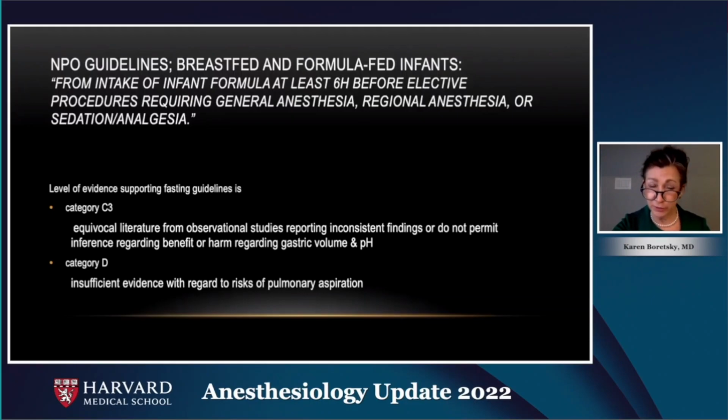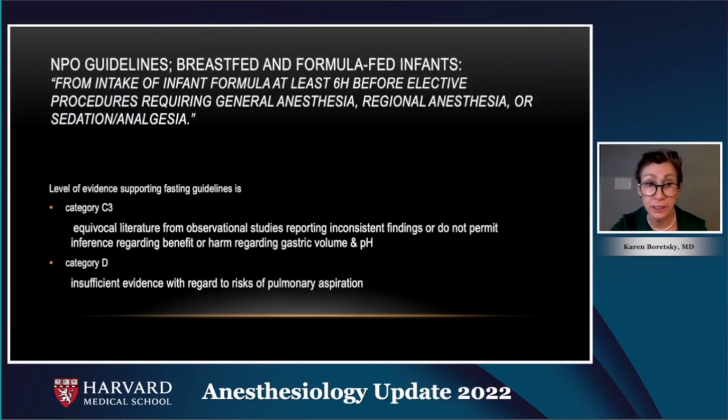And this fasting guideline, which we adhere to so religiously, is based on very loose, controversial evidence. It's considered category 3. Category 3 evidence is stated to be equivocal literature from observational studies reporting inconsistent findings or not permitting inference regarding benefit or harm.